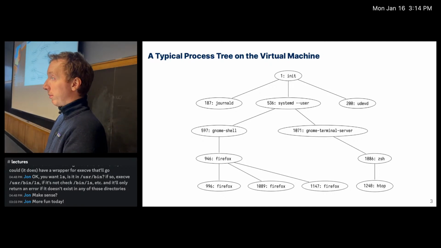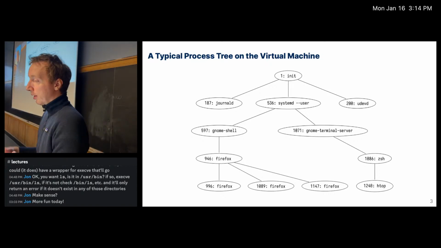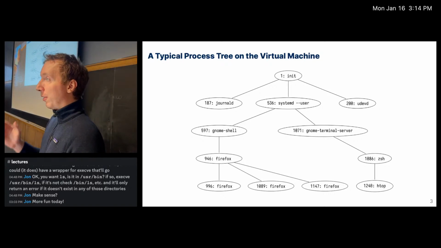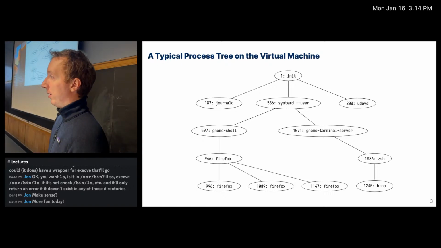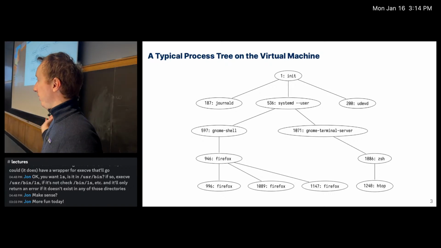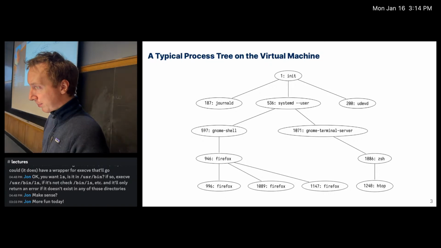So when the kernel is done booting, it will create one process with process ID 1, and it will load typically whatever is in /sbin/init or something like that, a program called init. And that process is responsible for creating every single other process on your machine.